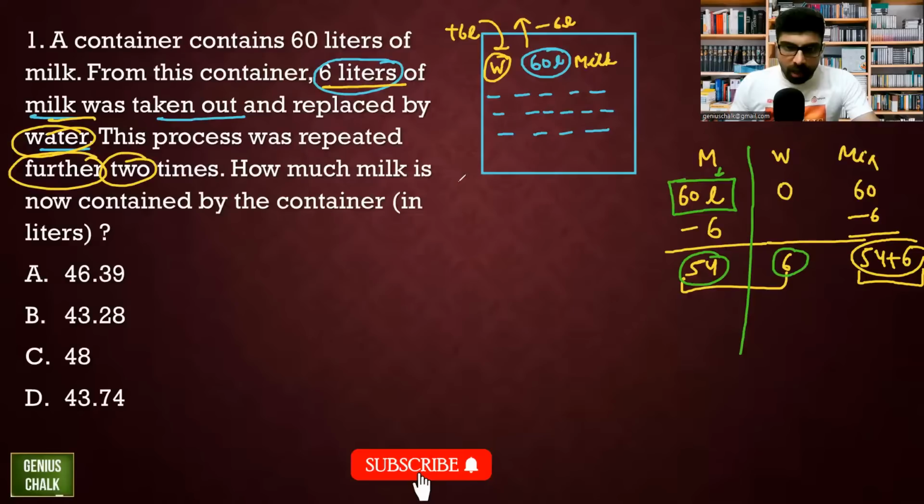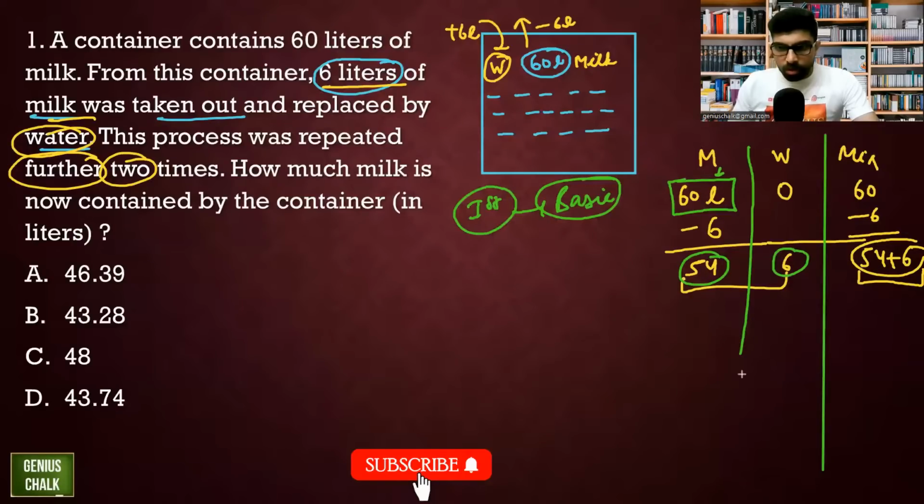So I am telling you the first and the basic method to solve this kind of problem. Then we will come to the shorter ways to solve this question. So now I'll just make a line here and let's try to understand it more.